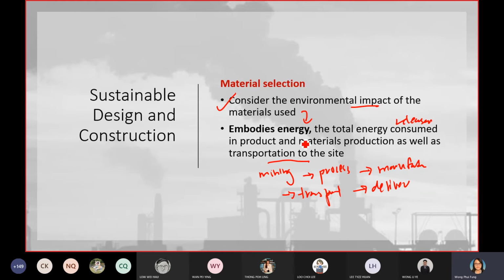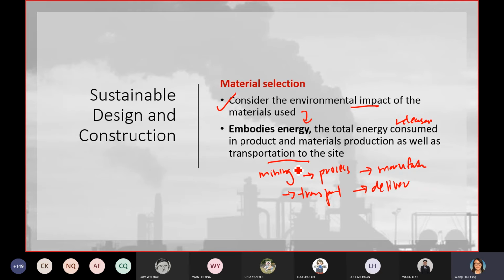So embodied energy calculates the total energy consumption from mining the material from the natural resources, you process or manufacture them at the factory to produce the material, then you transport and deliver to the site. That is what we call embodied energy.